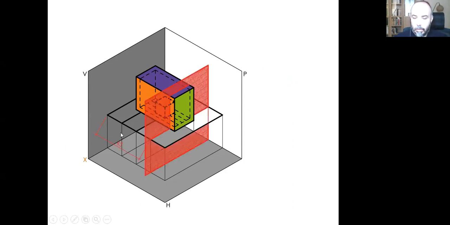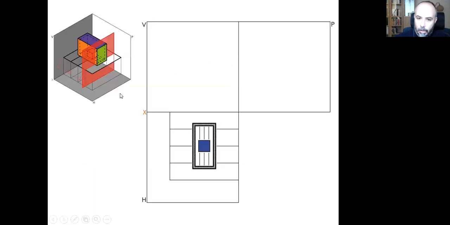So I need to measure 4.5 centimeters to position the cutting plane in order to find out which objects are being cut and which objects are not being cut here, since as you can understand easily, because of the position of this plane, only our prism and this horizontal plane are being cut. However, this section plane does not cut the blue cube here.